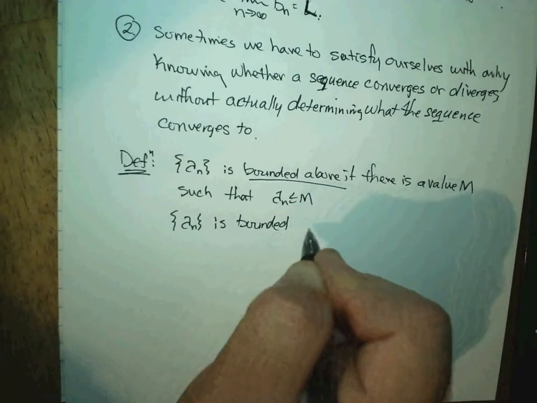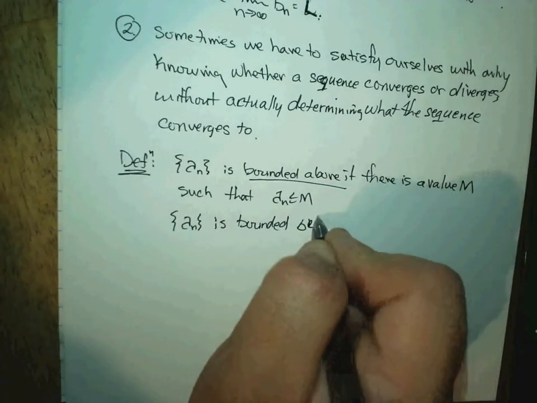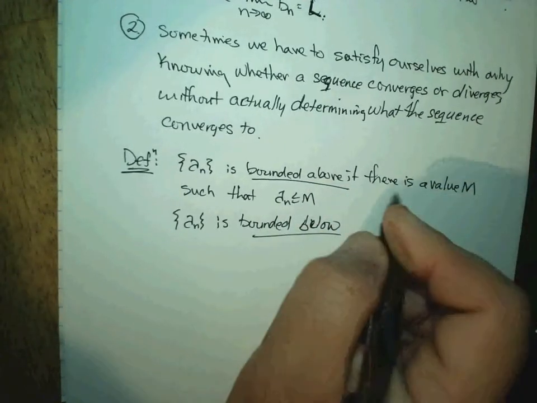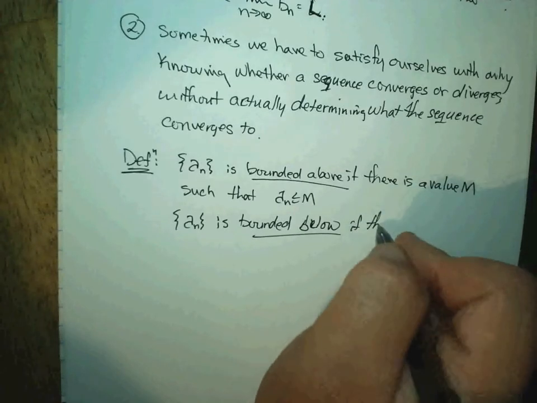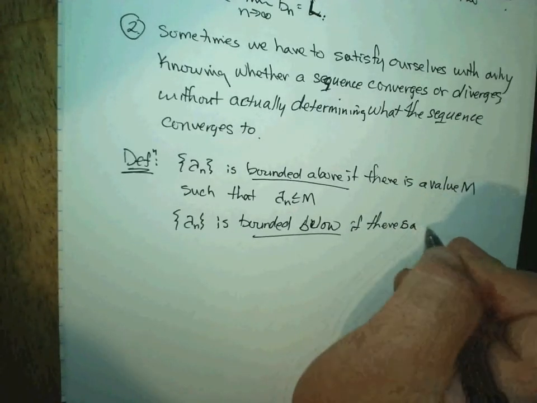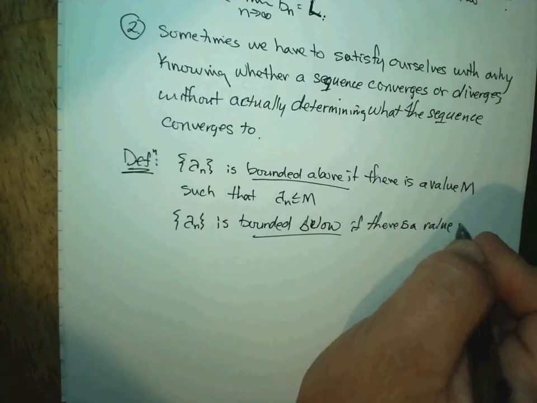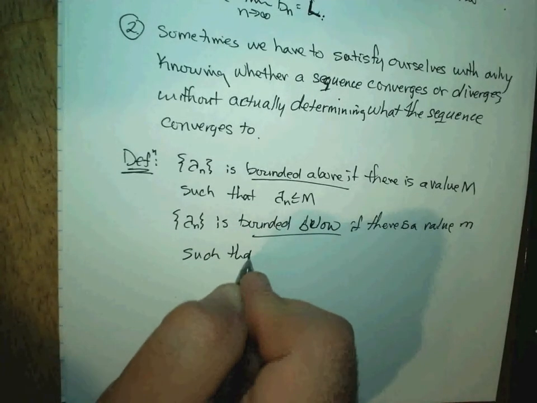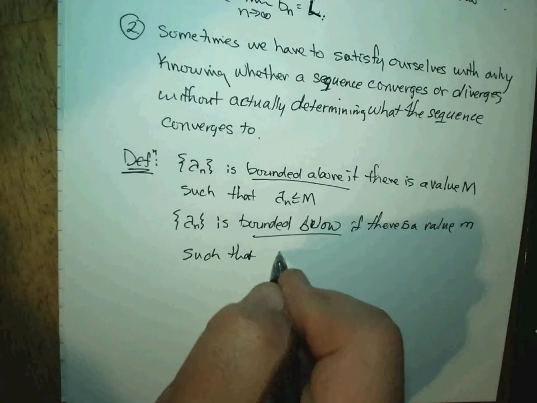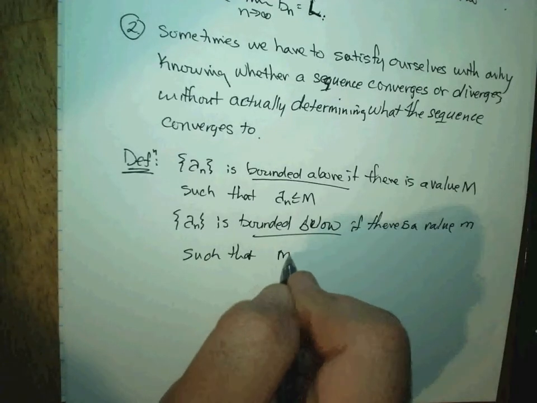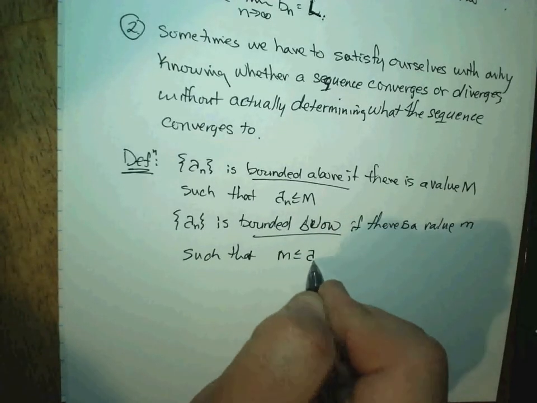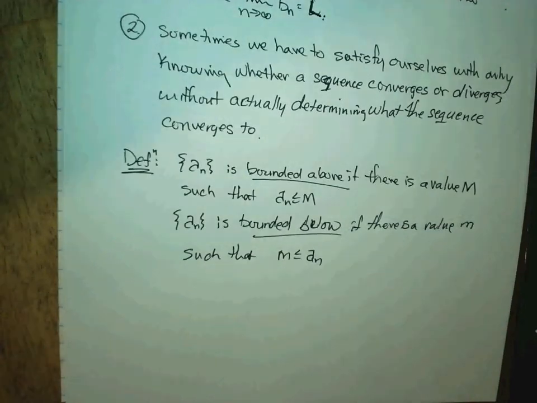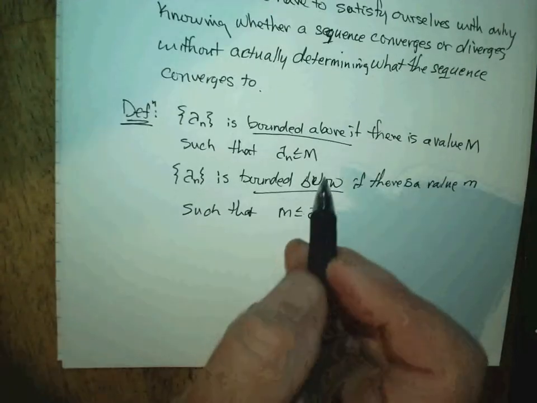We say that the sequence is bounded below if there is a value I'll call little m such that little m is always smaller than the a sub n terms. Okay?